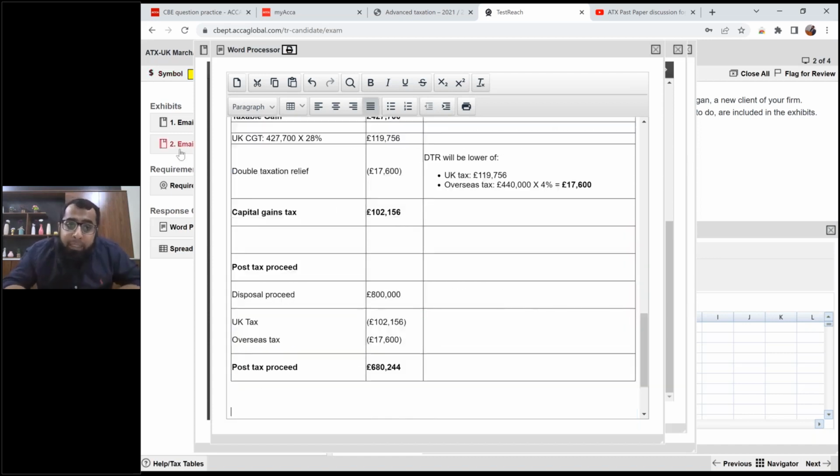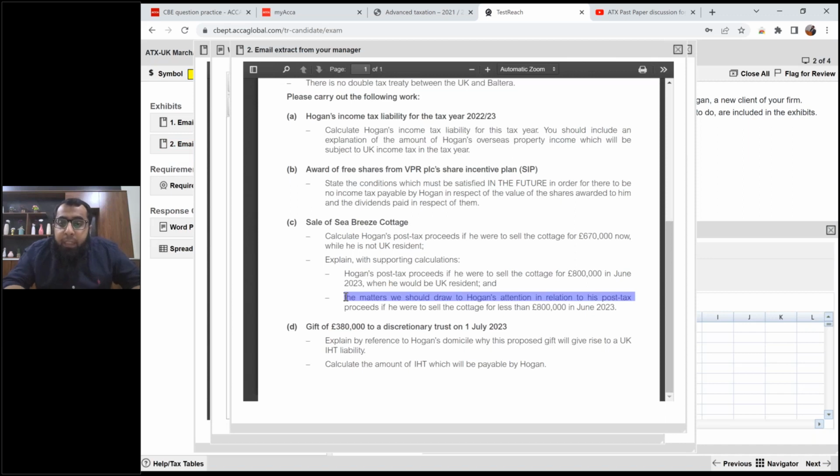But this thing which he has asked, the matters we should draw to Hogan's attention in relation to his post-tax proceed if he were to sell the cottage for less than 800,000 pounds, was a bit technical.